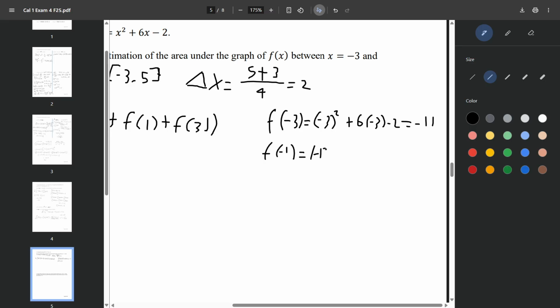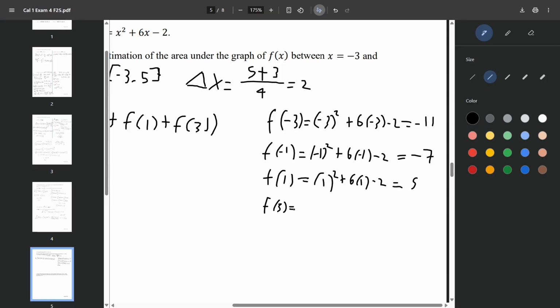That will equal -1 squared plus 6 times -1 minus 2, and that will give us -7. Next is f of 1. It was 1 squared plus 6 times 1 minus 2, which equals 5. And finally, f of 3, which equals 3 squared plus 6 times 3 minus 2, which gives us 25.